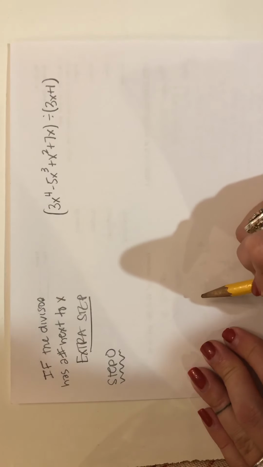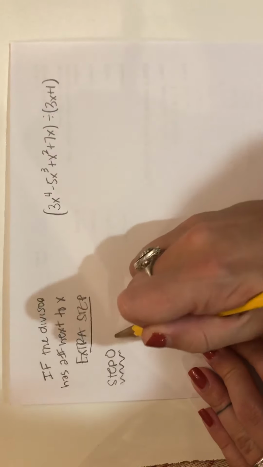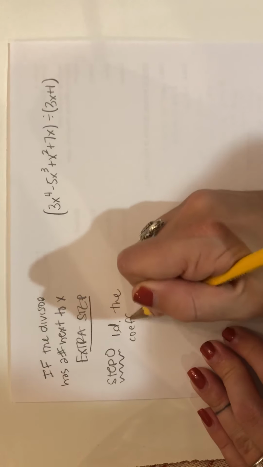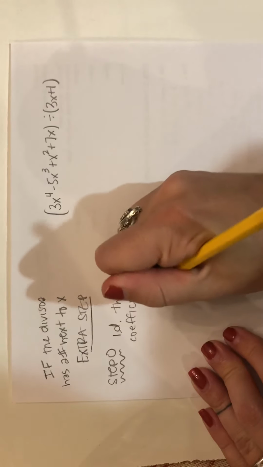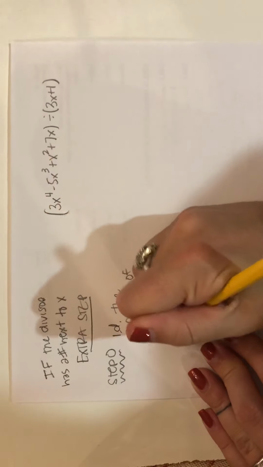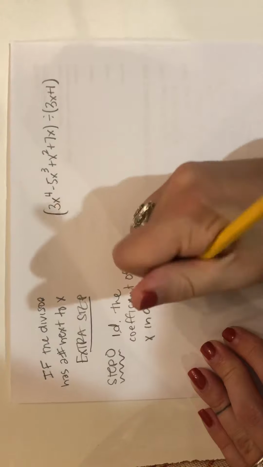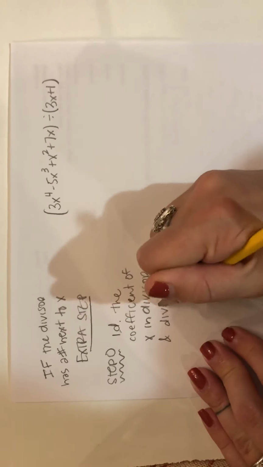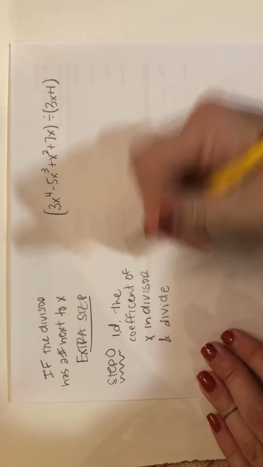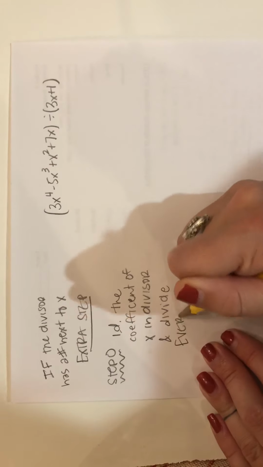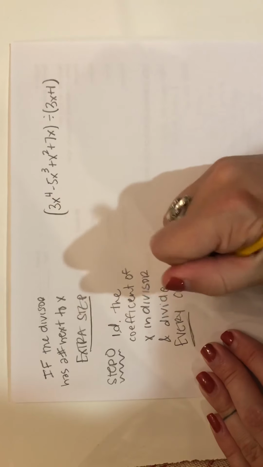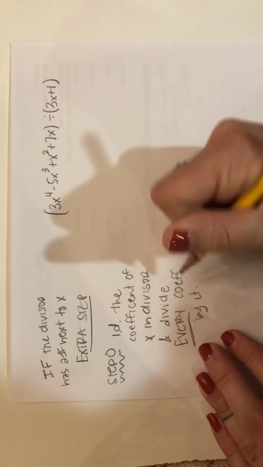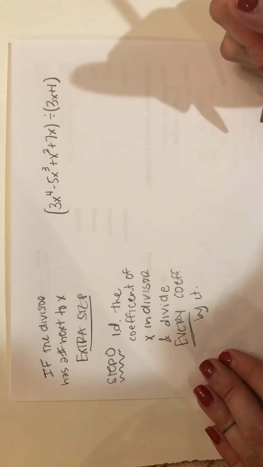And step 0 is going to be to identify the coefficient of x in the divisor and divide every coefficient you see by it. And then continue on with the following steps.